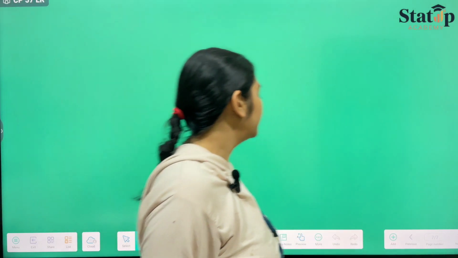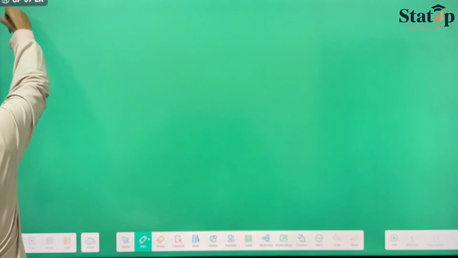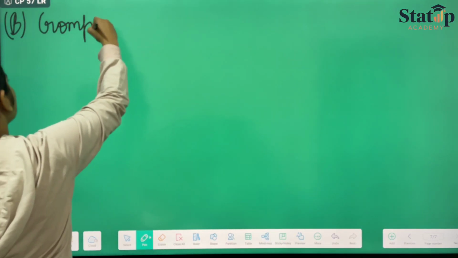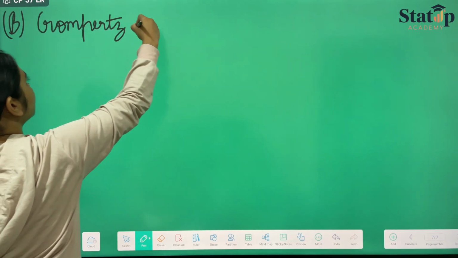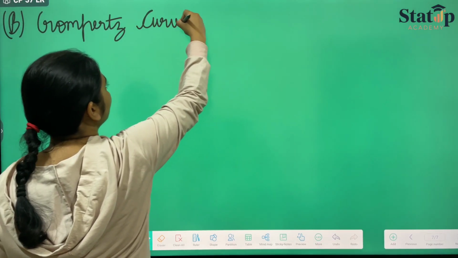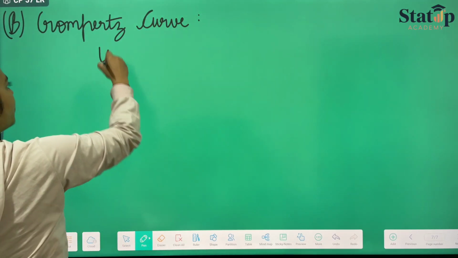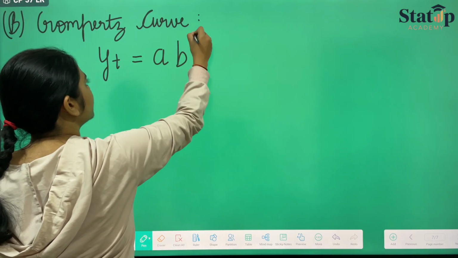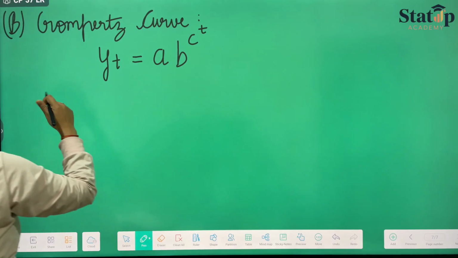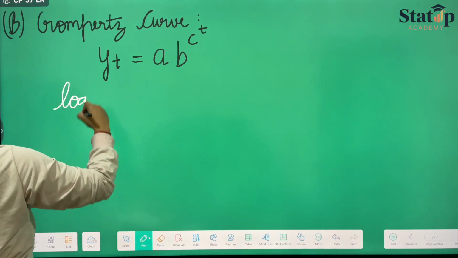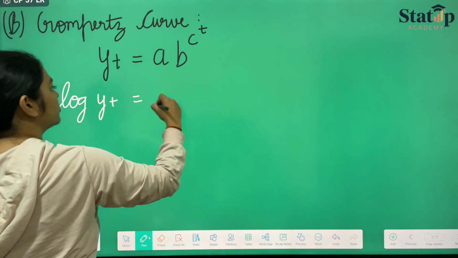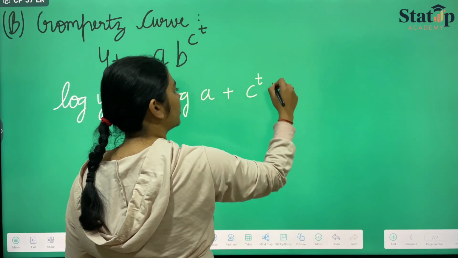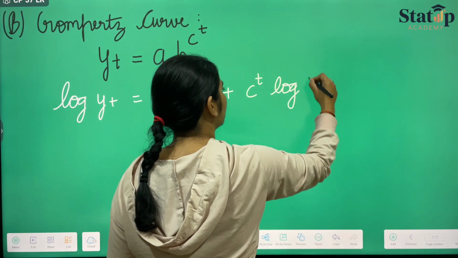Now moving on further to the next curve, which is Gompertz curve. So what is Gompertz curve? Gompertz curve is nothing but y_t equals a b raised to the power c raised to the power t. If we take log on both sides, log y_t is equal to log a plus c raised to the power t log b.